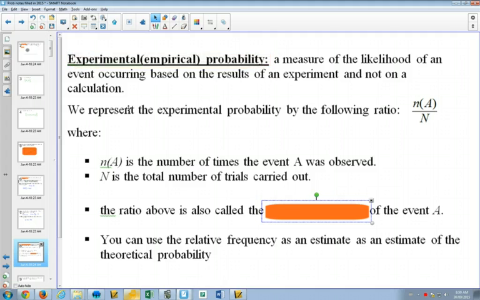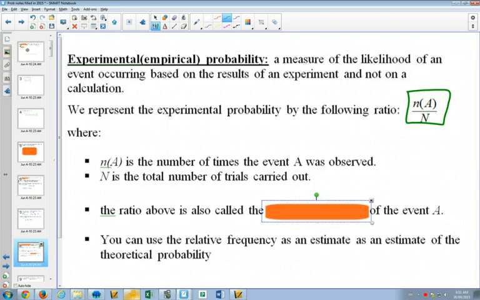Let's stay at experimental probability. So this is just how many times we count something over our total number of times that we've done the experiment. So we've got our little formula here, which makes sense. You flip a coin 8 times, you get heads all 8 times.